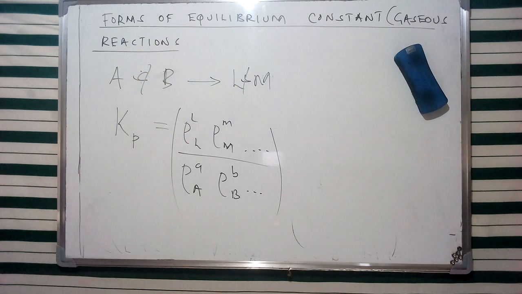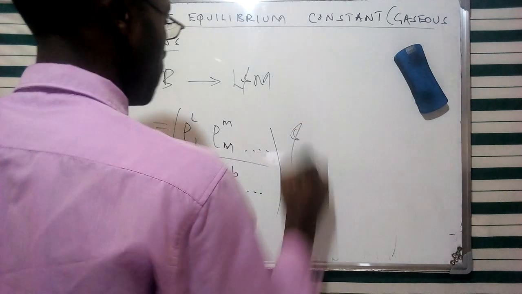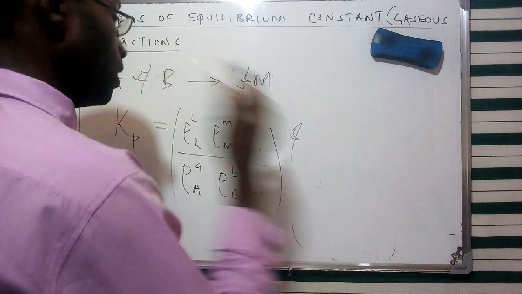Now, if we consider the molar concentration of these various coefficients that I've given, we can have a second version of this thermodynamic equilibrium constant given in terms of molar concentration.